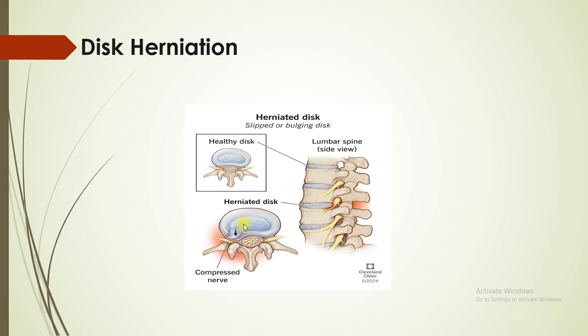This is the nucleus pulposus, the middle one, and it pushes on the annulus fibrosus, the outer layer, which creates compression on the nerve. Due to that, the patient will have pain or chronic pain.